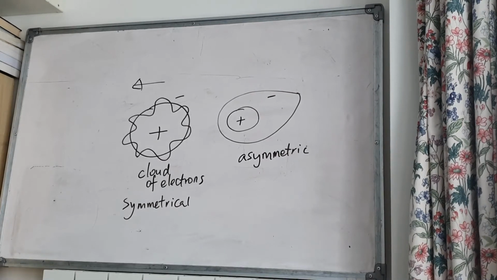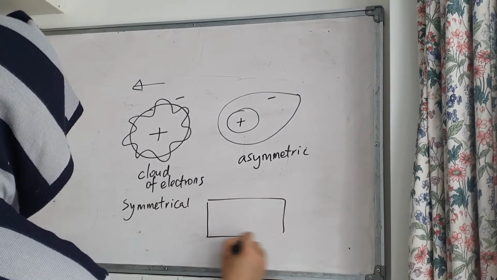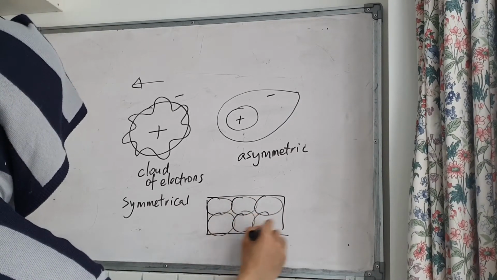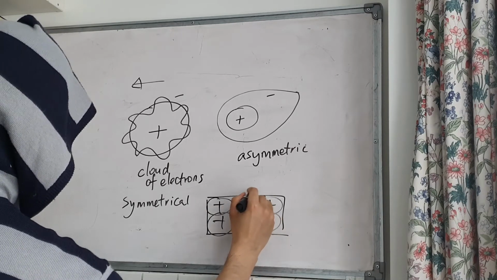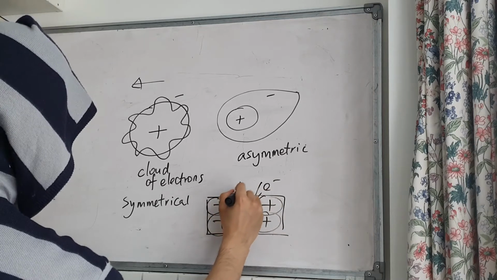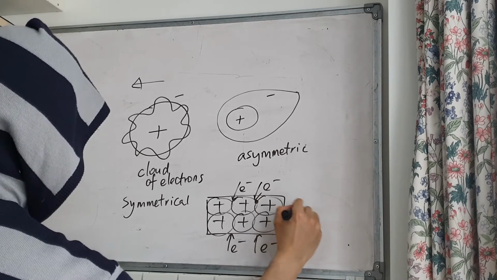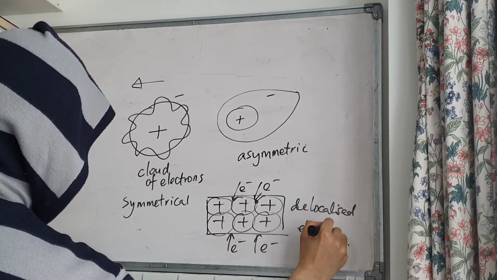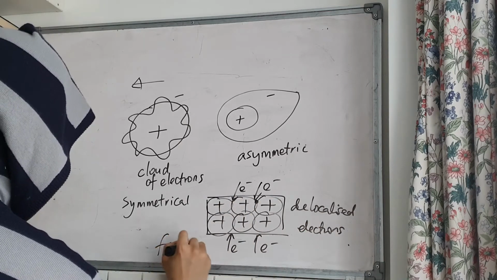If you were to compare a conductor, let's just say, so this is a conductor, and here you will have free electrons. So here you have delocalized electrons, and these will be freely moving.